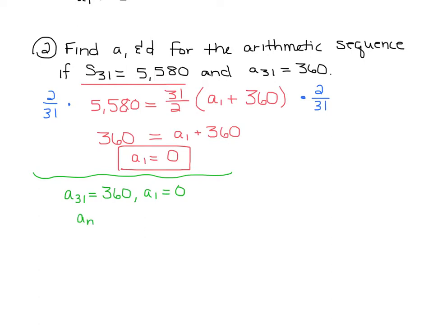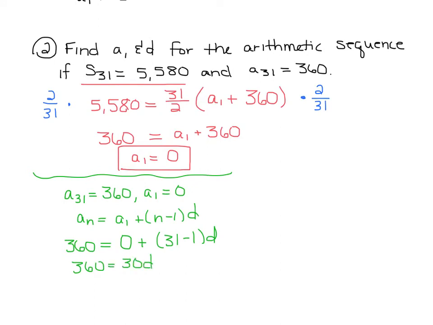I'll write that down in case you need it. We will get our last term, 360, equals our first term, 0. I'm going from my first term to my 31st term, so n is 31, minus 1, times our d, resulting in 360 equals 30d, and d equals 12.